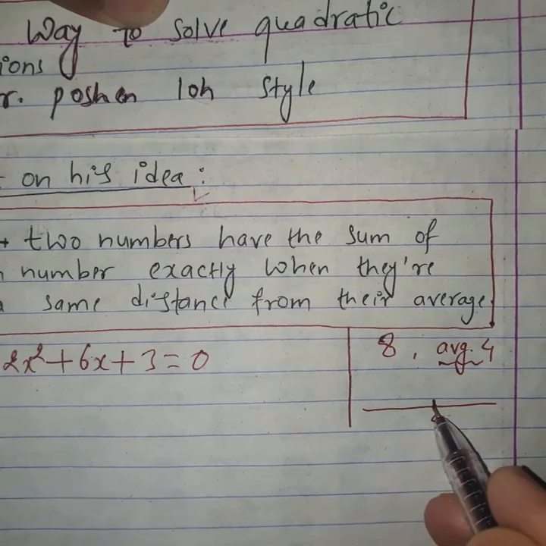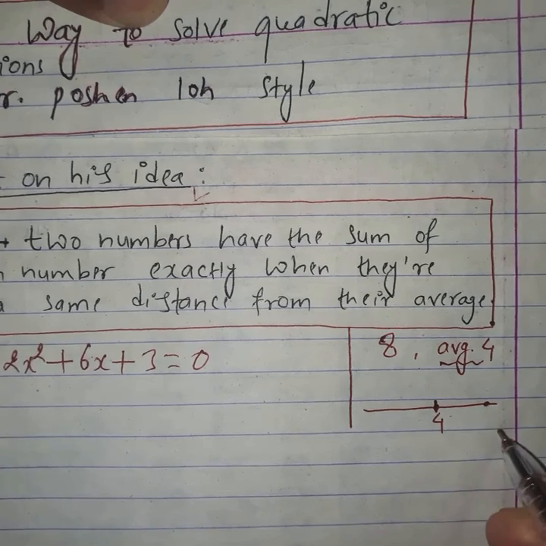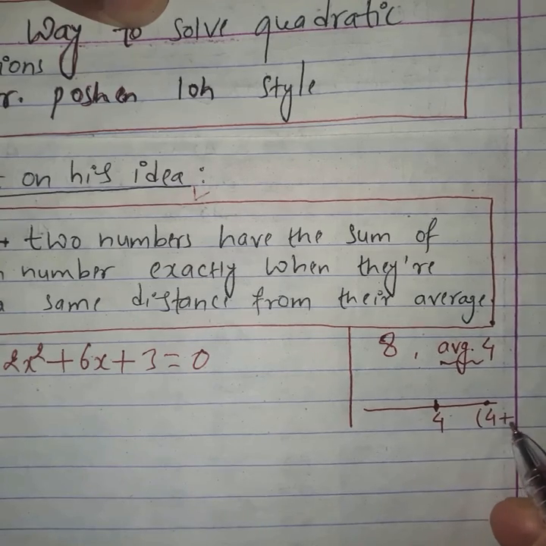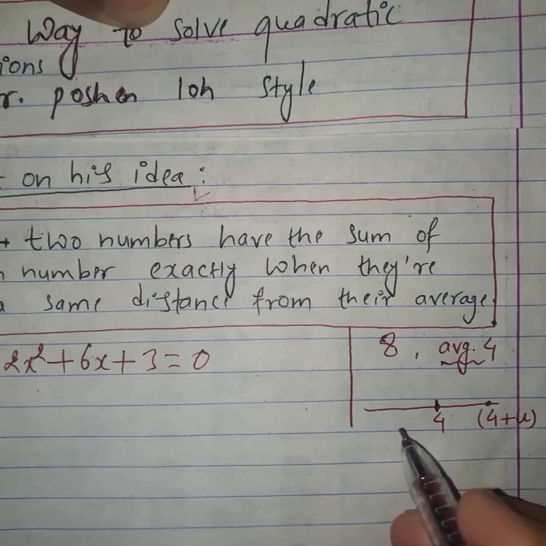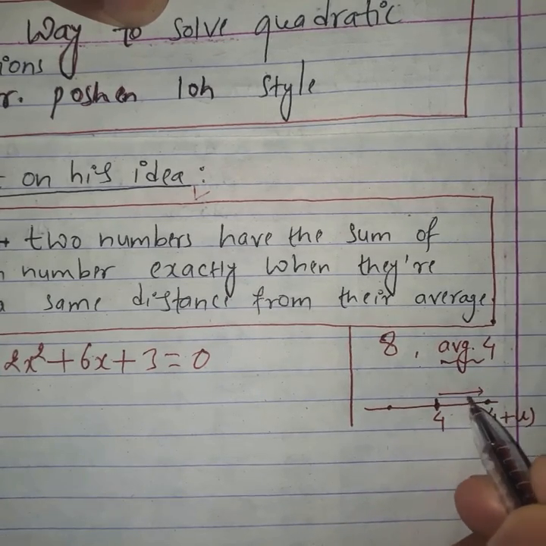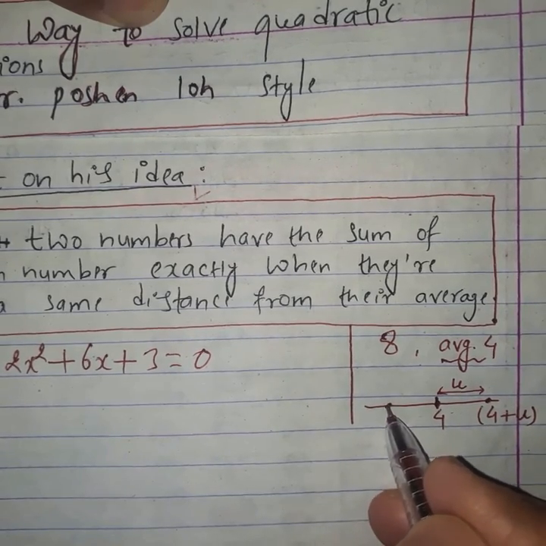This point is the average, and let's say the first number is at this point, this distance away, let's say the distance is u. So the first number is 4 plus u, and the second number should be at the same distance.